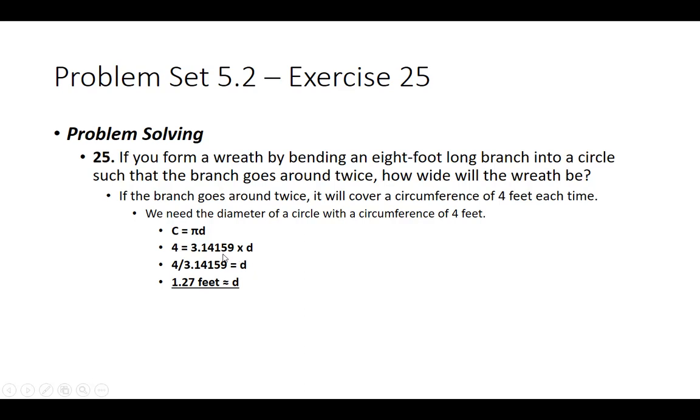To get the diameter by itself, we need to divide both sides by pi. So 4 divided by 3.14159 is approximately 1.27 feet for the diameter. An 8-foot-long branch going around in a circle twice ends up 1.27 feet wide.